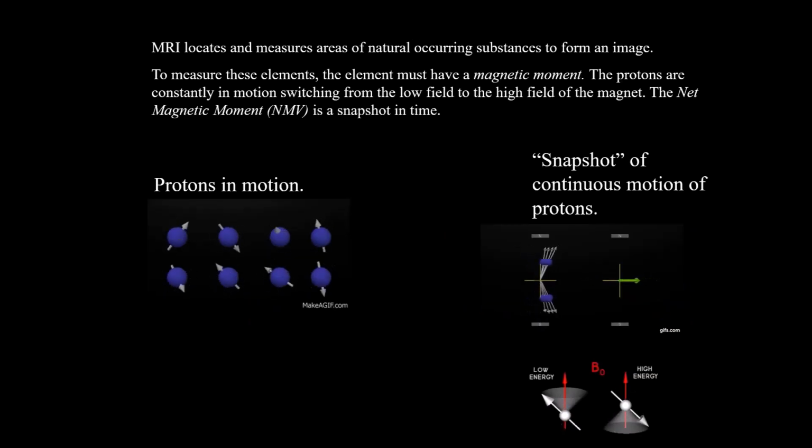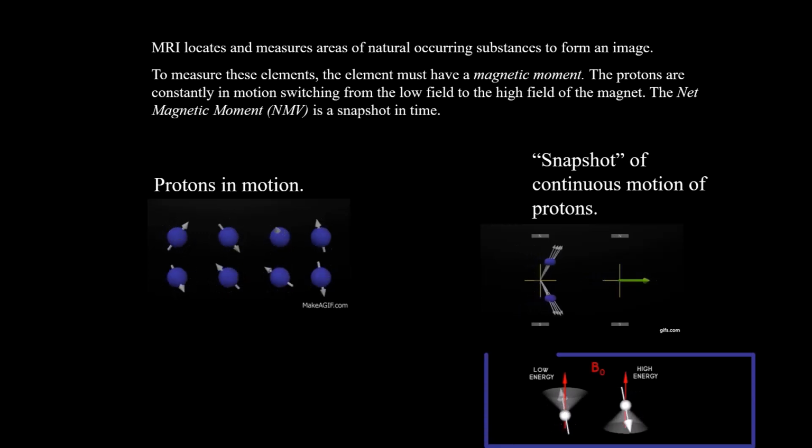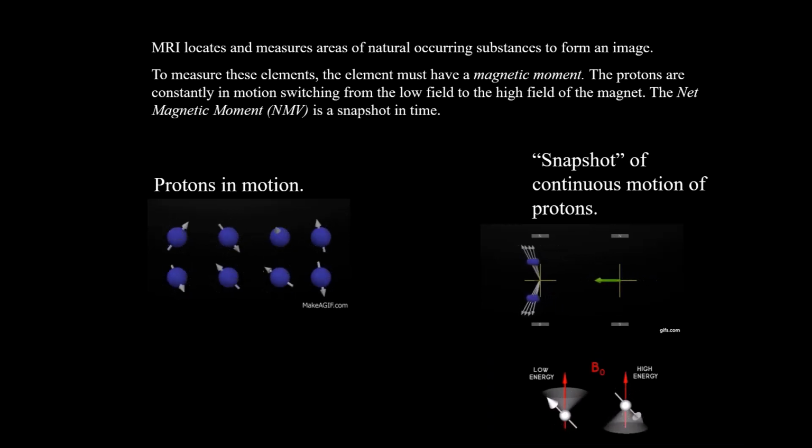MRI locates and measures areas of naturally occurring substances from an image. The protons are in motion, switching from low field to high field of the magnet. This means that the protons are flipping from high energy to low energy, and the reverse, low energy to high energy, constantly.